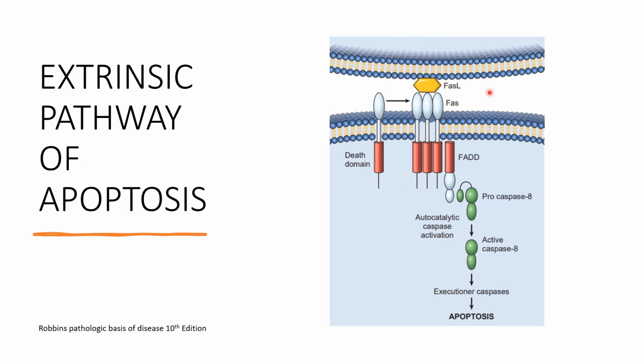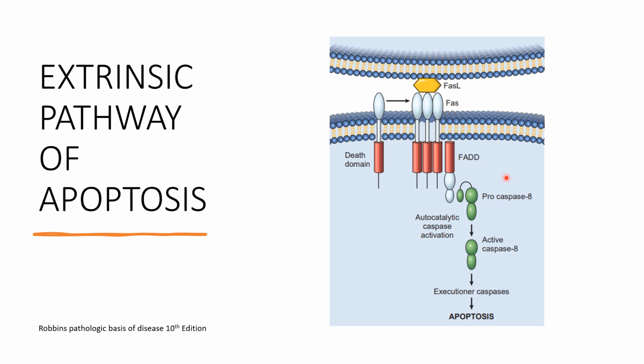So once that happens, there is trimerization of the Fas receptor. What do I mean by trimerization? This Fas receptor becomes three. That is called trimerization. So once the trimerization occurs, at the death domain there will come an adapter protein, which is called FADD.